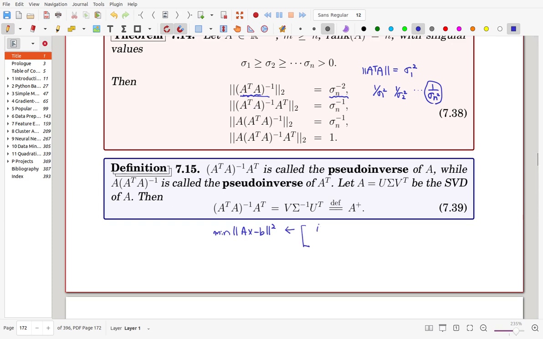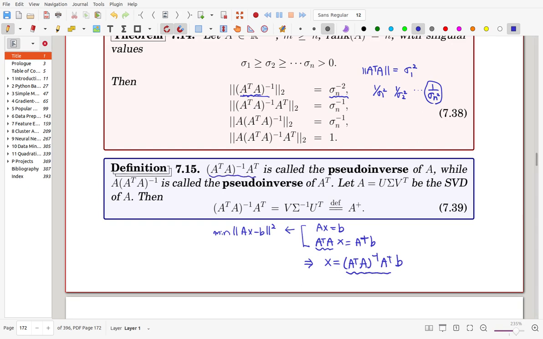We are trying to solve the problem Ax equals b with a minimum error, and by using the normal equation technique you can solve that. So A transpose A x is the same as A transpose b. Once it is invertible, then x is A transpose A inverse A transpose b. So that is exactly this one.